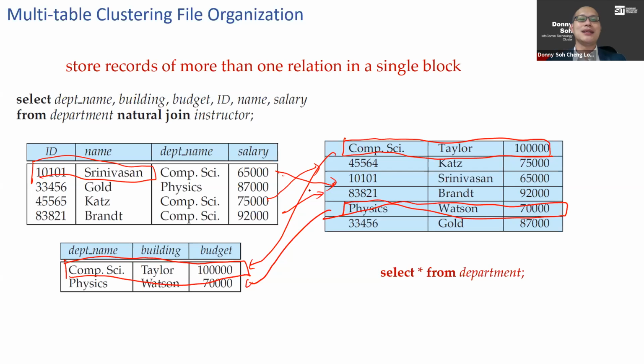So you realize that right now, in this particular scenario, we are storing records of two tables in a single block. These three records are particularly chosen because they all belong to the computer science department.